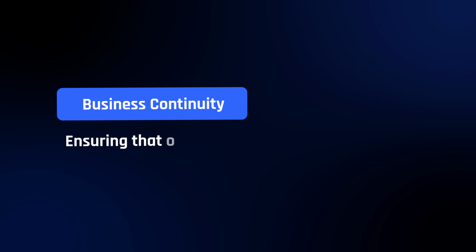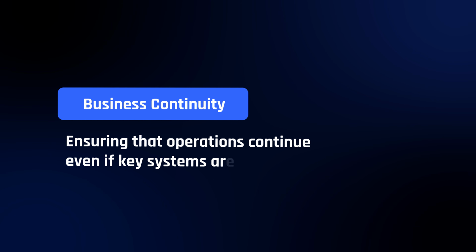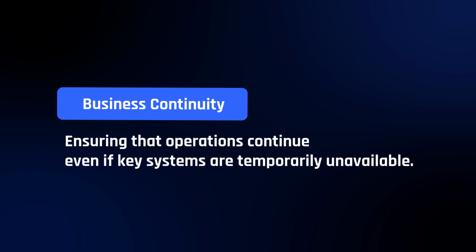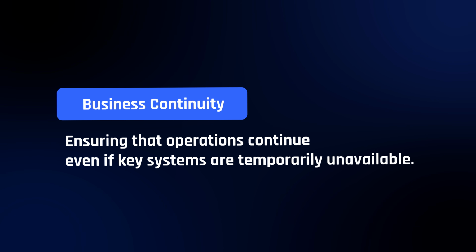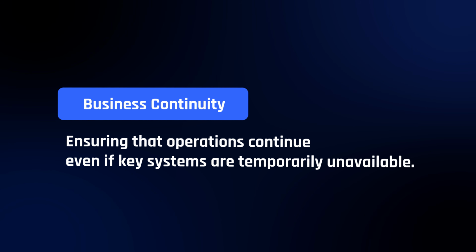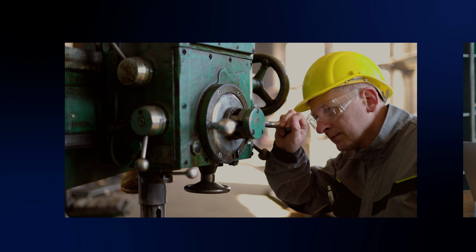This is where the concept of business continuity becomes important. Business continuity means ensuring that operations continue even if key systems are temporarily unavailable. In maintenance environments, this usually means work is executed manually during downtime, and later the activities are documented in the system once it becomes available again.